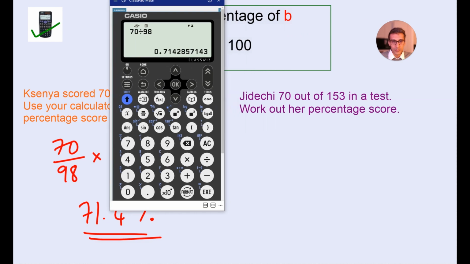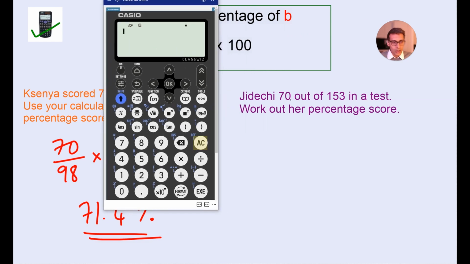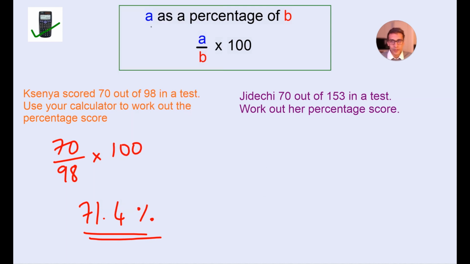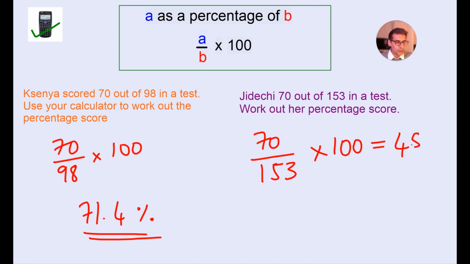so we know that's 71.4285%. Next question, 70 over 153, so 70 divided by 153 equals times 100 equals, and then change it into a decimal, 45.75%. So let's just write this out here, 70 over 153 times 100 equals 45.